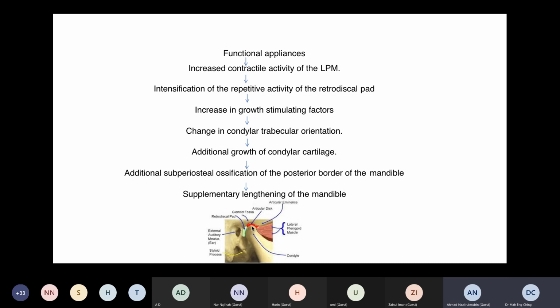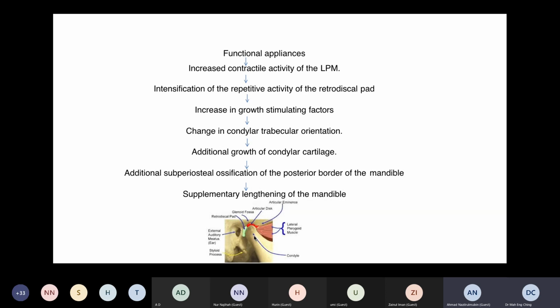So it's behind the TMJ, then there is an increase in growth stimulating factor, some cellular changes, then a change in the condyle trabecular orientations, then additional growth of the condyle cartilage. So there's a cartilage, then it will grow backward a little bit, then additional subperiosteal ossification of the posterior border of the mandible. Then hopefully at the end, what we're targeting is to get a supplementary lengthening of the mandible.